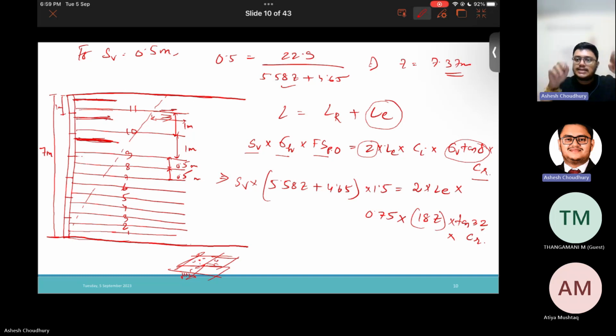But here, as we have big apertures in this geogrid, there is soil to soil interaction through the apertures. So in place of delta, we are using this 32.